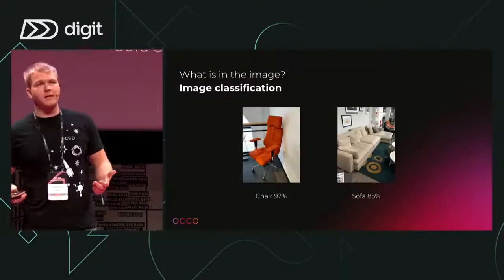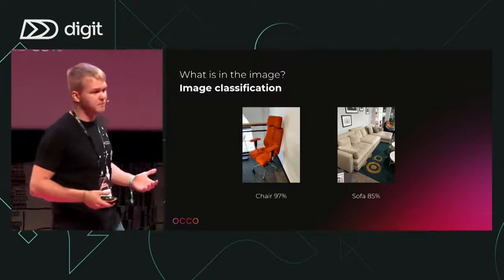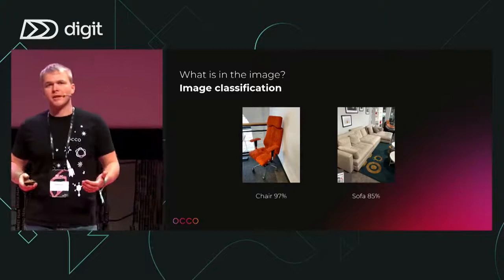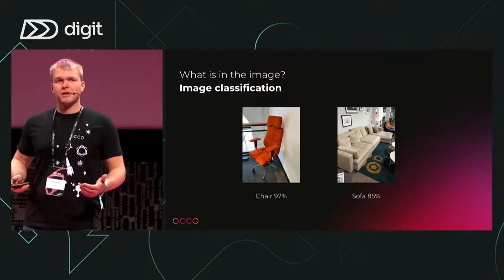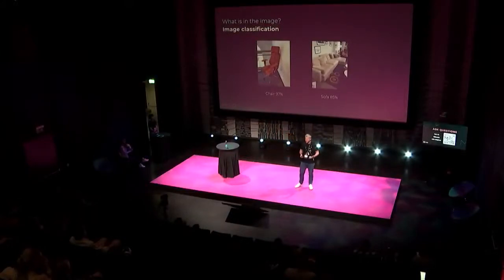Often we get repetitive tasks with images that we want to automate, and we can automate them if we can ask a concrete question and develop an algorithm to answer that question. In computer vision and machine learning, we have a couple of frequent questions that we come across.